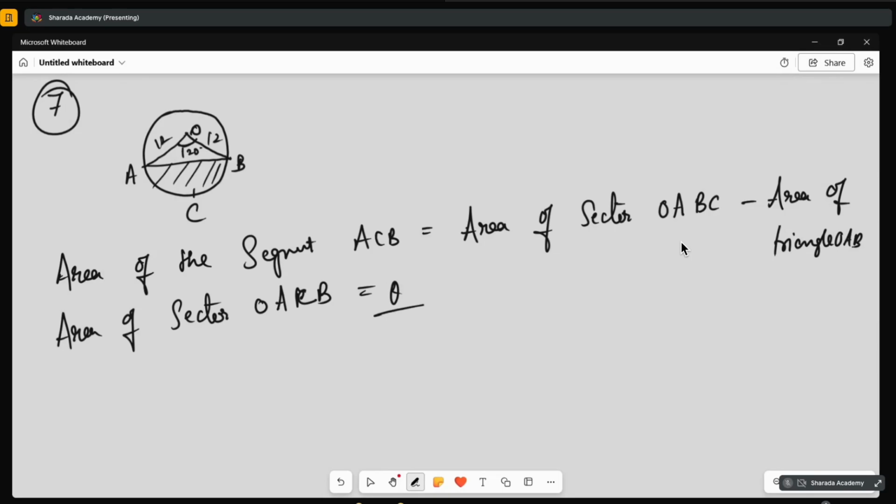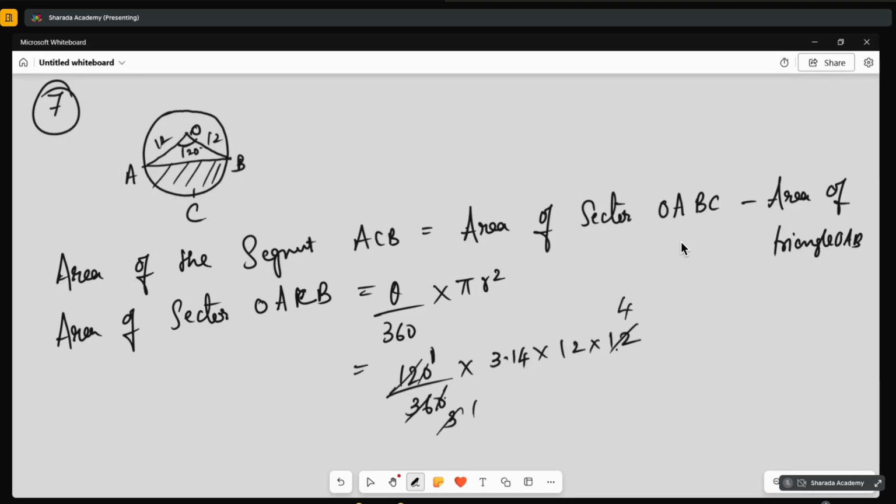Theta by 360 into pi r square. Theta is what? 120 by 360, 3.14 into 12 into 12. So this is 3.14 into 12 into 4.